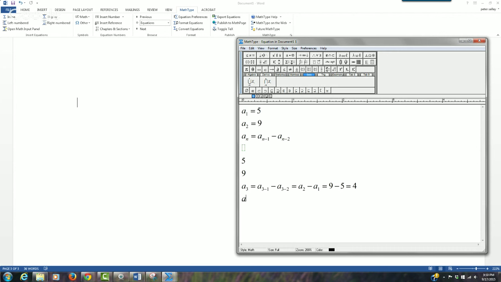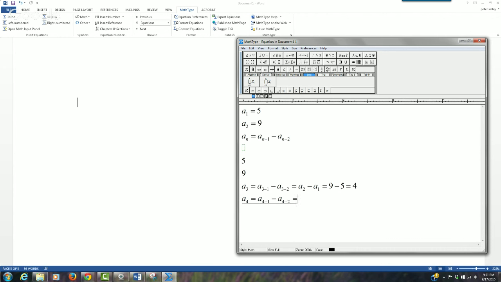So I'm going to go to the fourth number. I'm going to copy and paste this and put a 4 in where that n goes. Then I'm just going to translate that.